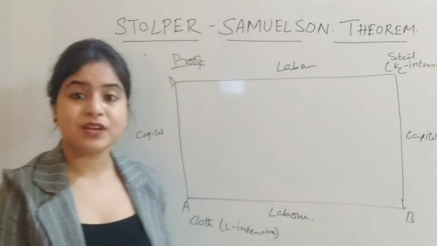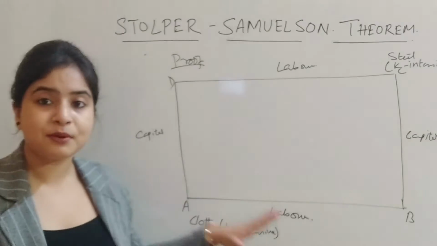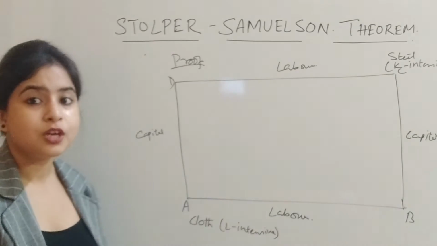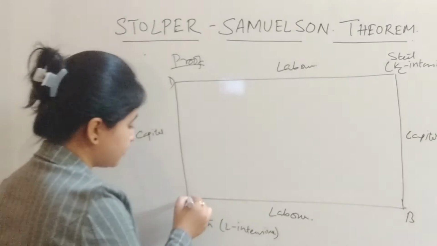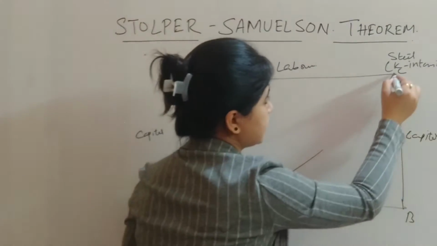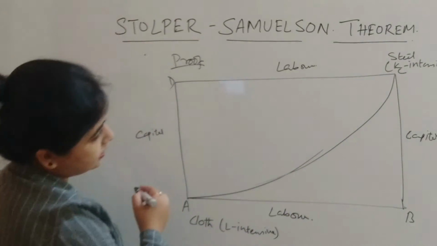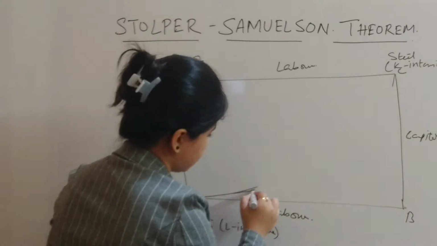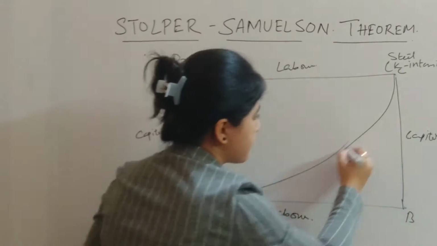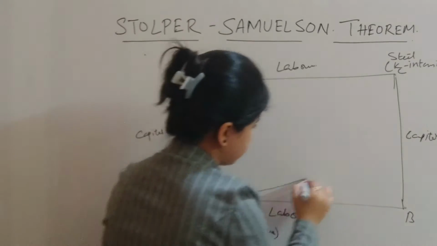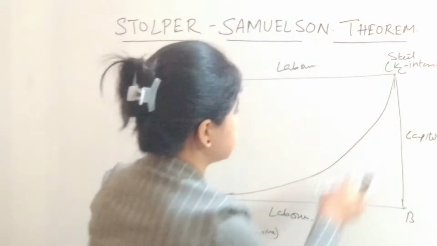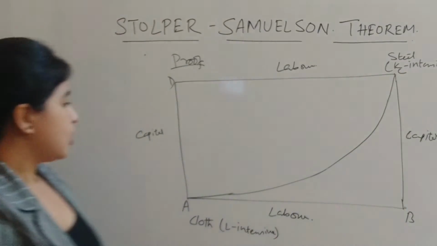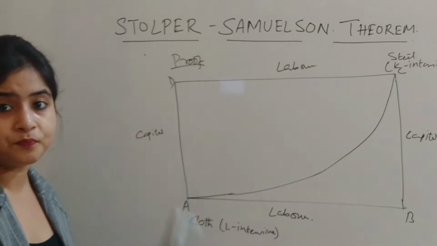Why? Because we have assumed that our home country is labor abundant and producing the labor intensive good, that is the cloth. So for that reason our contact curve will be non-linear, and somewhere it will look like this. Okay, so this is our contact curve.